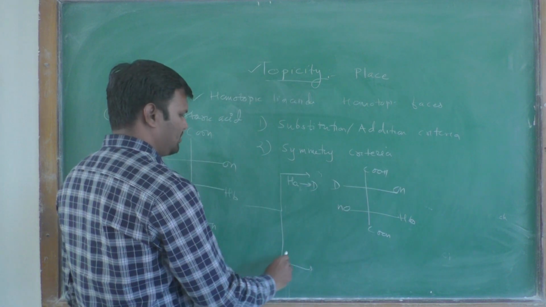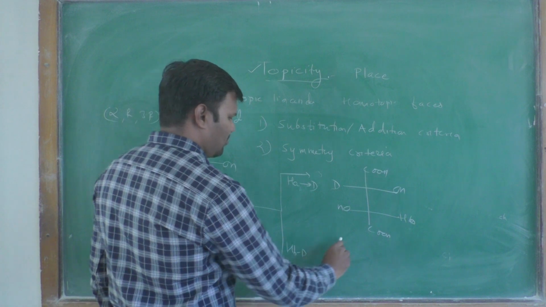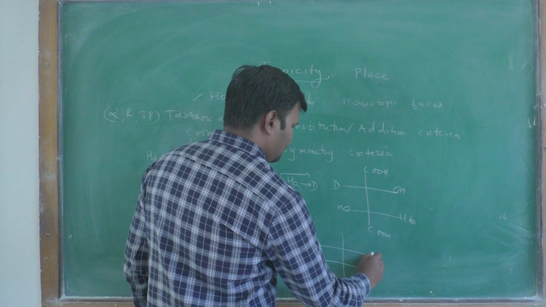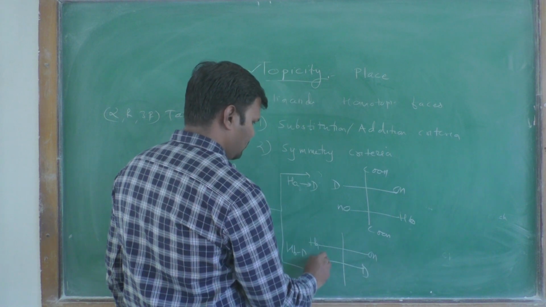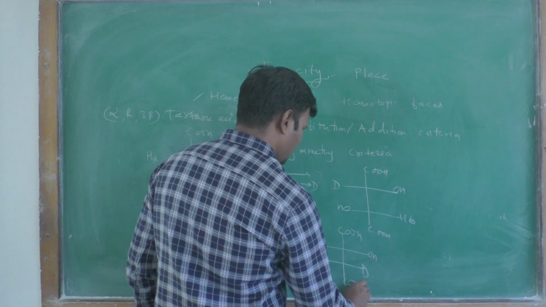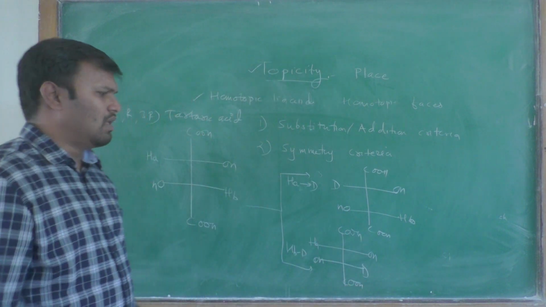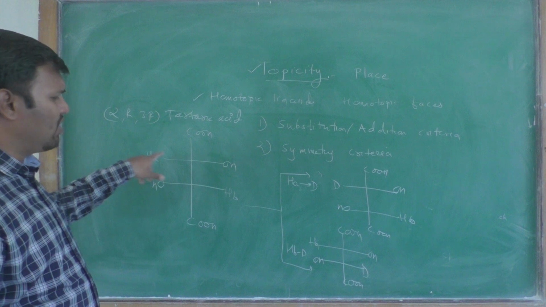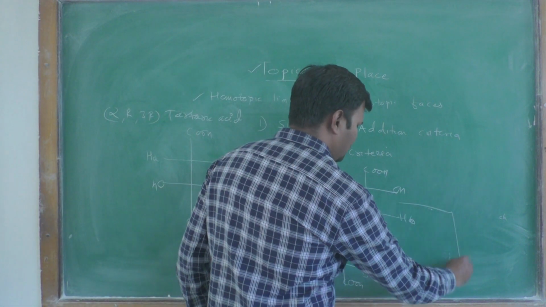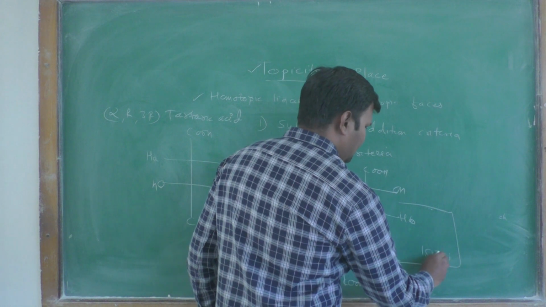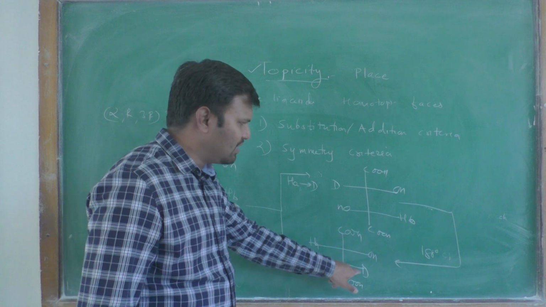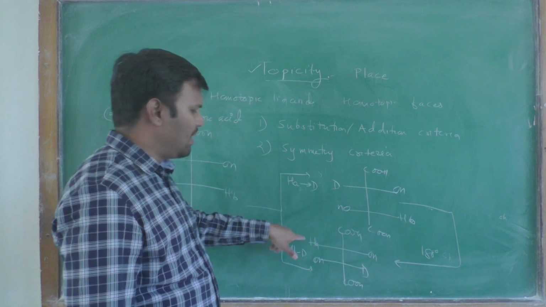Secondly, you replace HB with deuterium, one of its isotopes. Whether you replace HA or HB, you obtain the same compound. When you rotate it by 180 degrees, the deuterium comes to that position and HB comes to the other position.